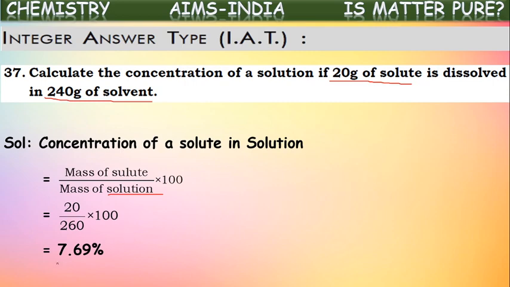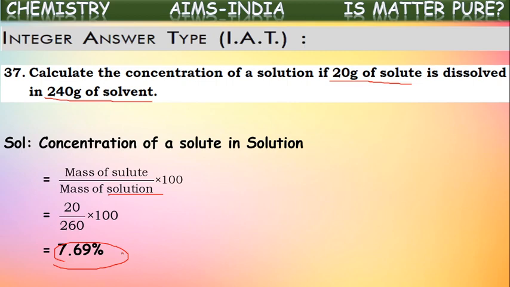If we calculate this, we get 7.69%. This is the concentration in terms of mass percentage. It is calculated by the formula mass of the solute by mass of the solution into 100.